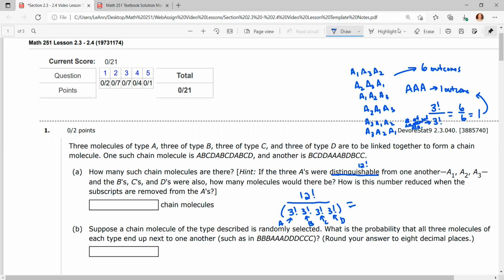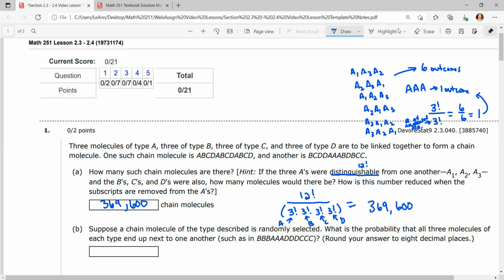It's 369,600. So that's how many non-distinguishable chain molecules there would be, because you can't tell the difference between one A and another one. So we are able to distinguish between A's, B's, C's and D's, but not between the different A's, the different B's, different C's, and different D's.